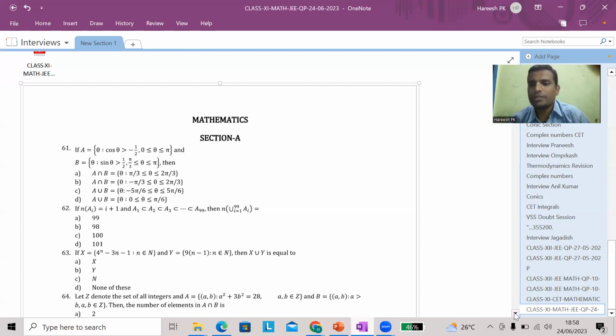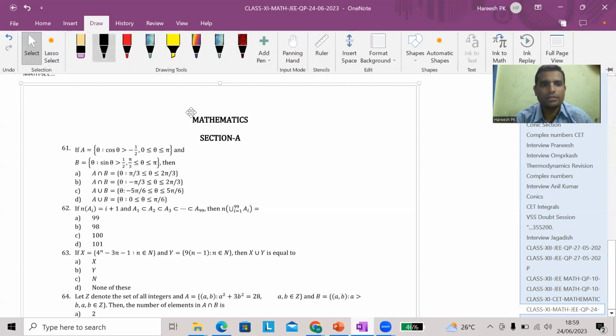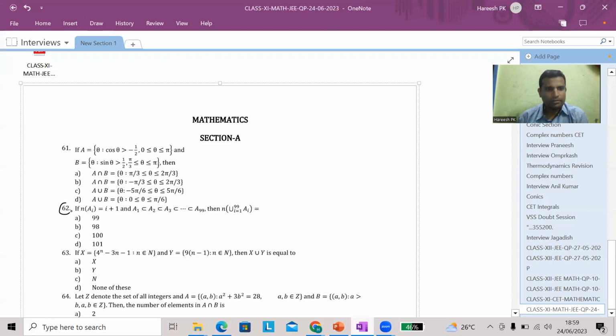I'm going to pick questions which are hardly going to take any time first, and let's solve them first, and then let's look at others. So we start off with the 62nd question. It tells n of Ai, the number of elements in Ai, is i plus 1.